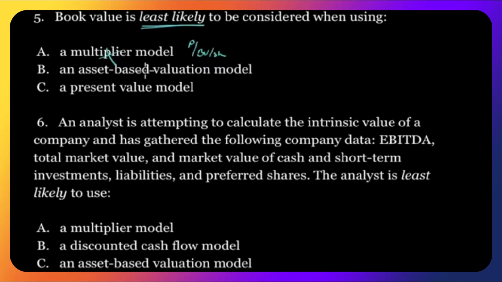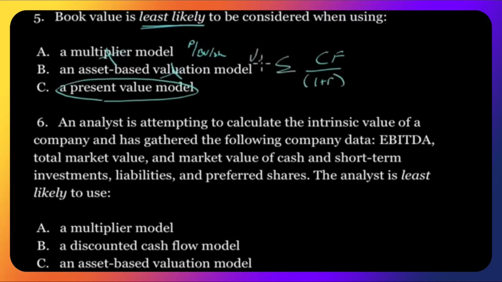Here we're considering the market value of the assets minus the market value of the liabilities, but book value is a good place to start in many cases, so we can eliminate that. Present value. What is present value doing? Again, it is cash flows. We're discounting cash flows back to the present, right? So that the value is the sum of cash flows discounted. Well, we wouldn't consider book value in that one at all.